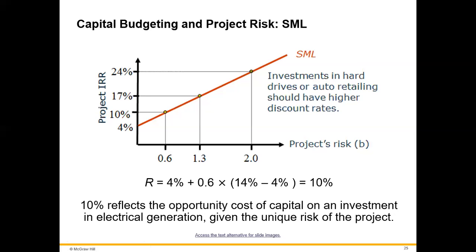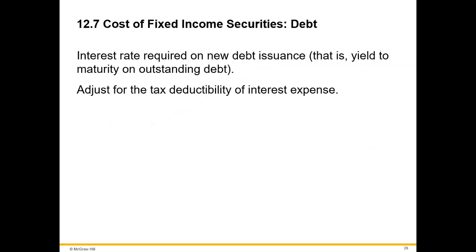So 10 times 0.6 is 6, plus 4%, so 10%. So 10% is the cost of capital for electrical generation, because we would go to that electrical division and use that beta for the project. So we have to be careful of that.